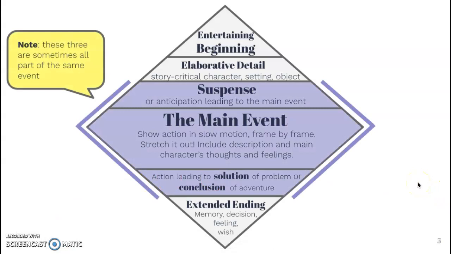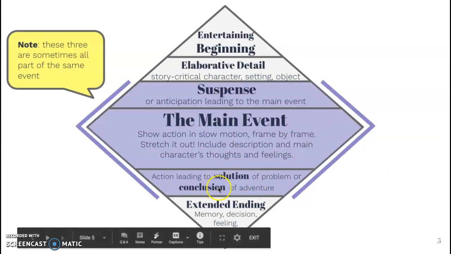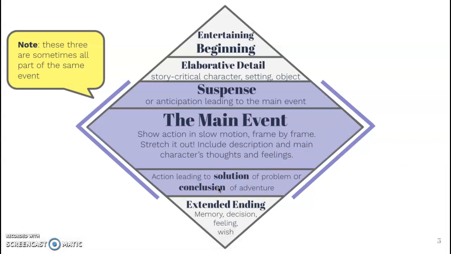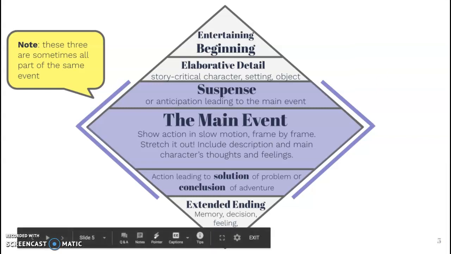So the suspense, main event, and your solution part might all be part of the same event. So if it's the riding the bike, it might be all that same successful bike ride that happens right there.